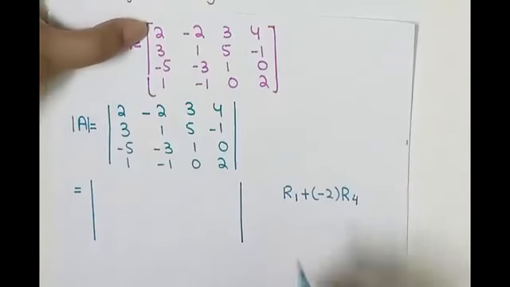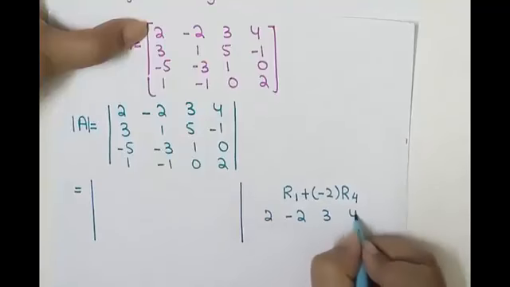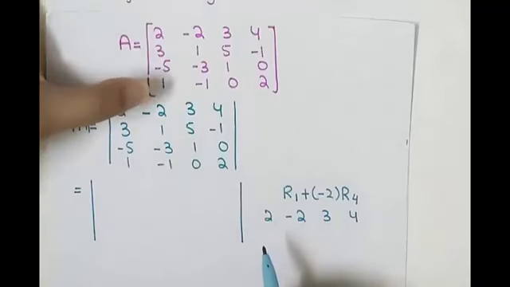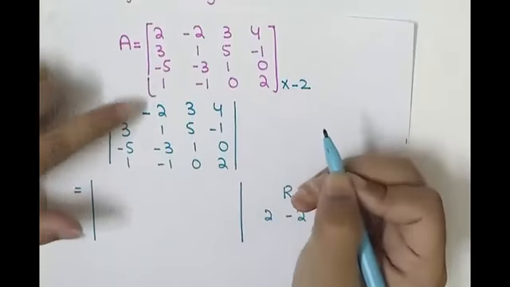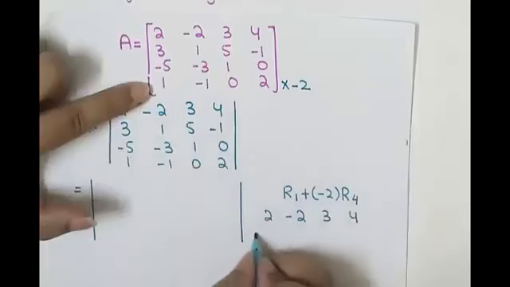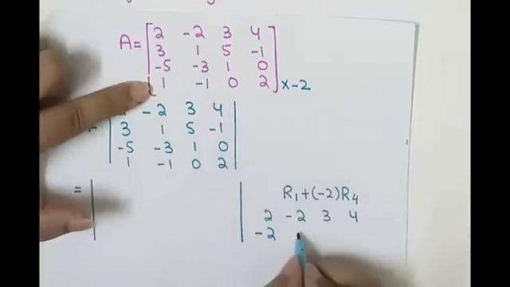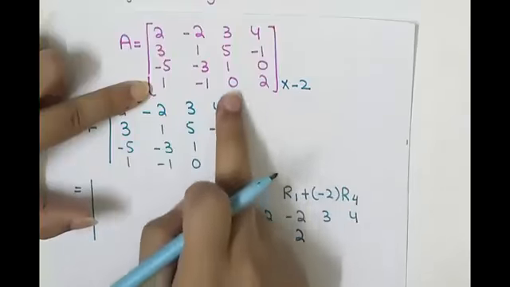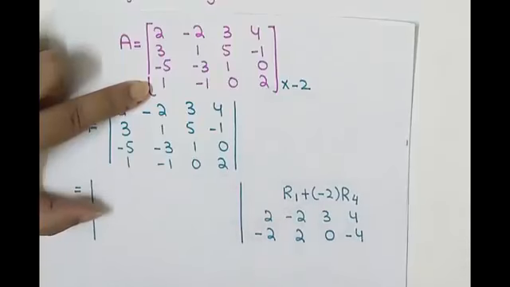This is R1: 2, minus 2, 3 and 4. Now multiply minus 2 with this R4. What do we have? 1 minus 2 times is minus 2. Minus 1 into minus 2 is equal to 2. 0 multiplied with minus 2 is 0. And 2 multiplied with minus 2 is minus 4.